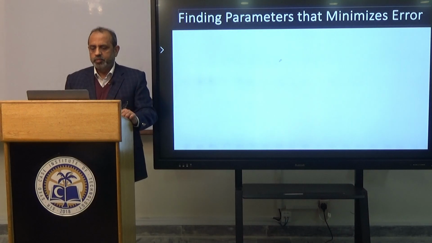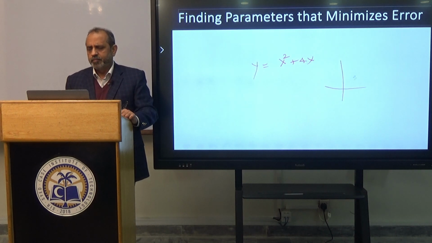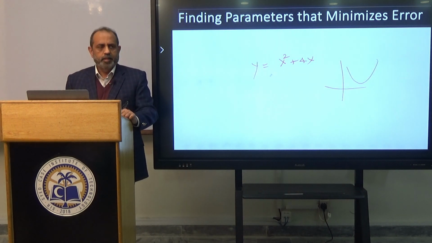Okay, so let's say x square plus 4x is an equation which is a parabola, and you want to find the minimum point. So you take dy over dx, which is 2x plus 4, and you equate it to 0.